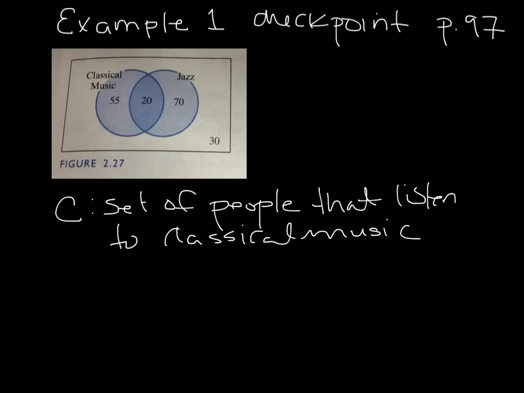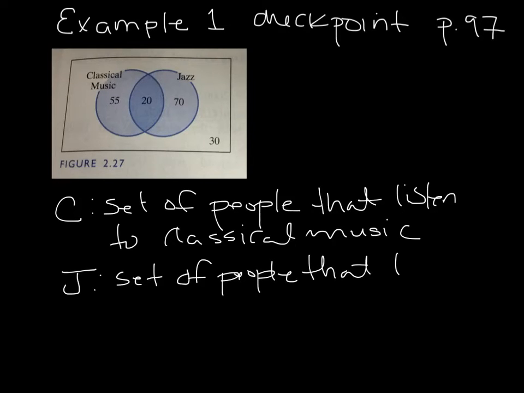You want to make sure you're understanding all this instead of just writing a bunch of symbols. And then similarly, maybe J for jazz. This is the set of people that listen to jazz music. So here is our C and here is our J.